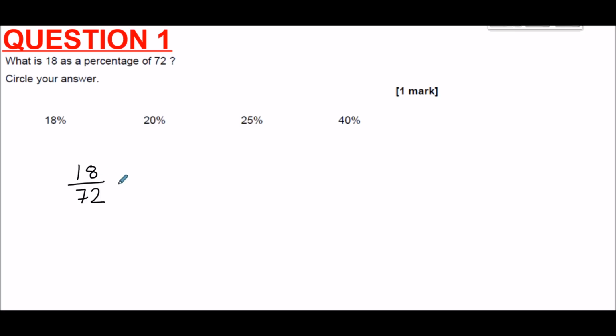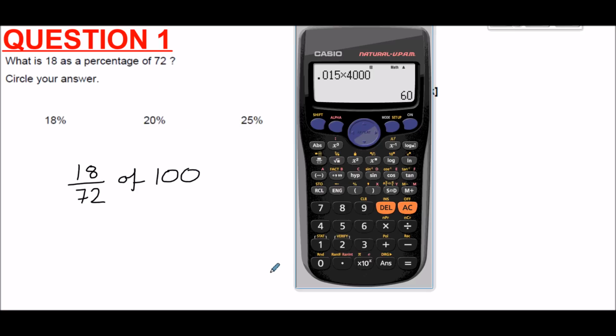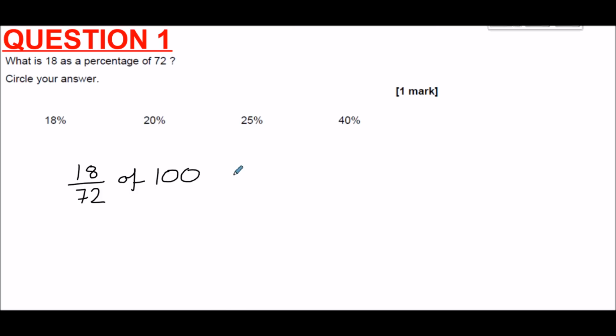Then we can find that fraction of 100, because percentage obviously means out of 100. So if we get our calculator handy, use the fraction button, 18 over 72 multiplied by 100 comes to 25. So the answer to this one is 25%.